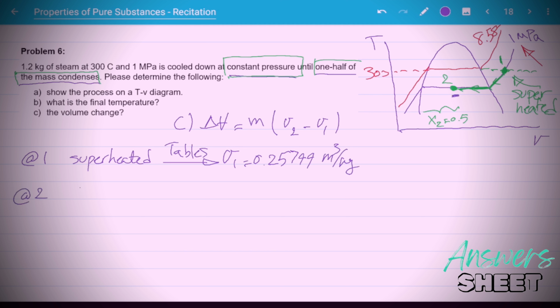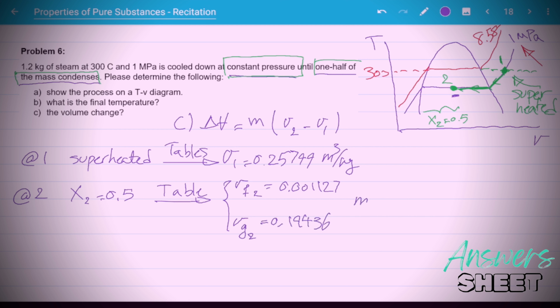At state 2, because we are in a saturated mixture, we need to use the quality. So we are going to go check the tables and read the specific volume of saturated vapor and liquid at 1 megapascals pressure. So specific volume of saturated liquid at 1 megapascals of pressure is 0.001127, and the specific volume of saturated vapor is 0.19436, both in meters cubed per kilogram.